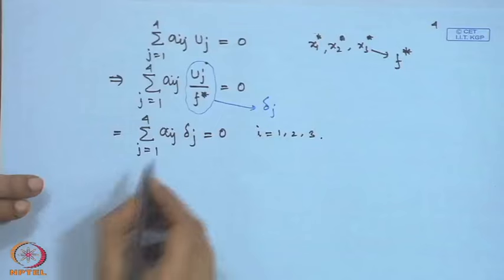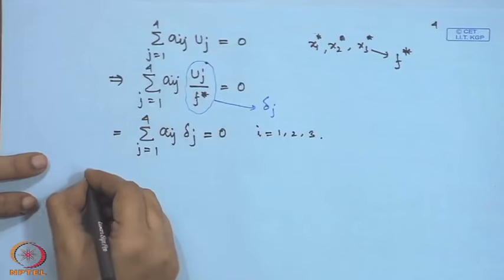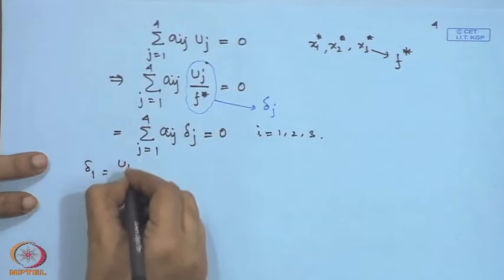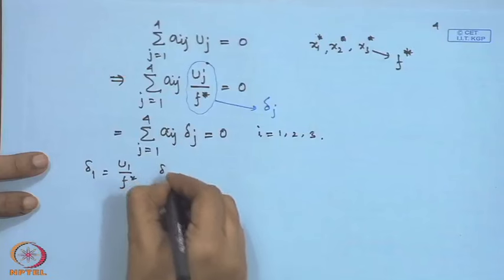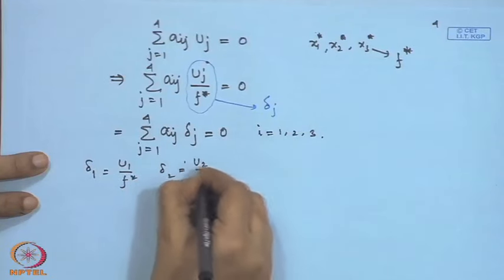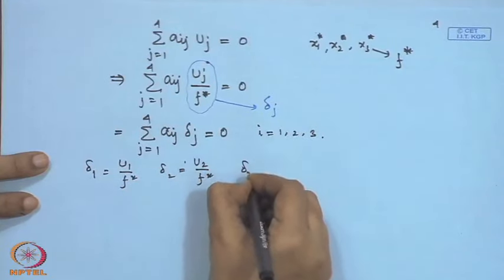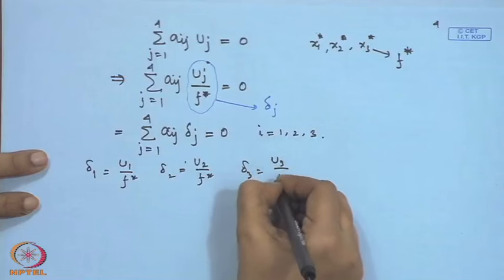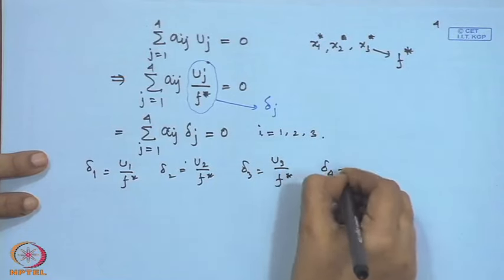And another fact, just look at, what is our delta 1? Delta 1 is equal to u1 by f star, delta 2 is equal to u2 by f star, delta 3 is similarly, and delta 4 is also the same.